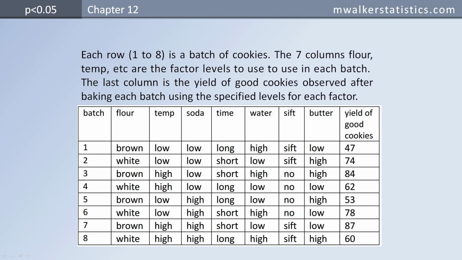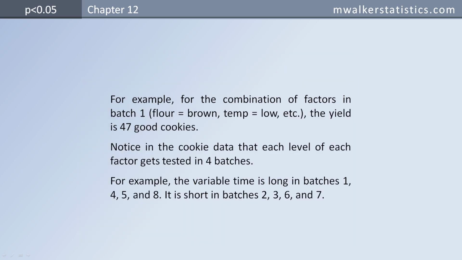The last column is the yield of good cookies observed after baking each batch using the specified levels for each factor. For example, for the combination of factors in batch 1, flour equals brown, temp equals low, etc. The yield is 47 good cookies.